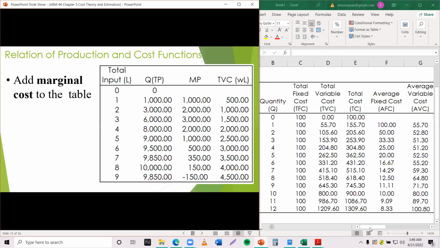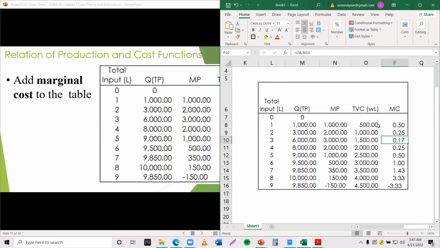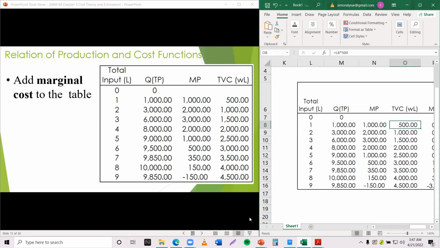I hope you can see my screen. This is automatically multiplied by 500. Let's say our labor wage is 500; that's an example.